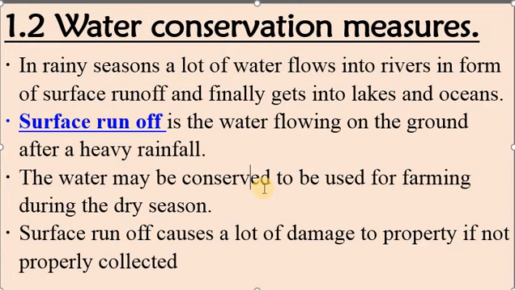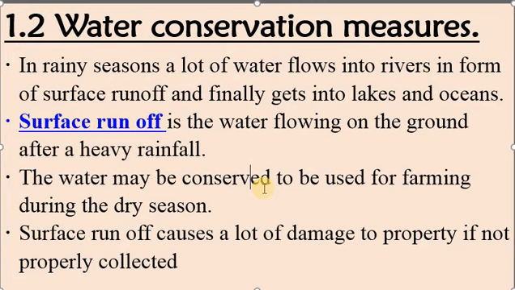So what is water conservation measures? In simple words, water conservation measures are actions taken to ensure water is retained to be used in future. I hope you are getting me well. I'm giving the meaning of the words water conservation measures, and these are actions taken to ensure water is retained.